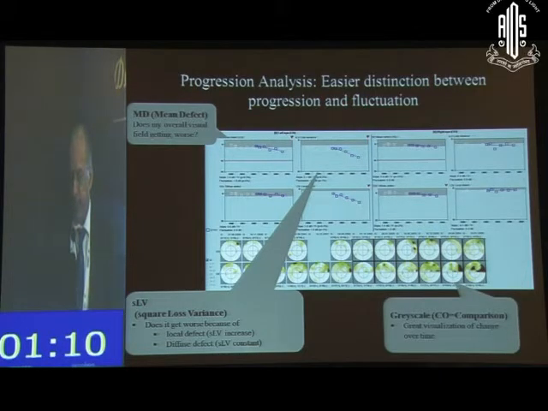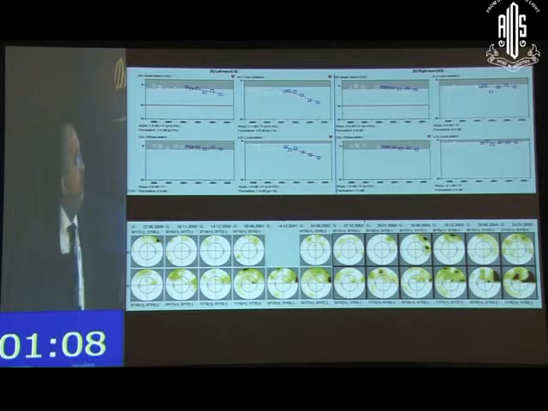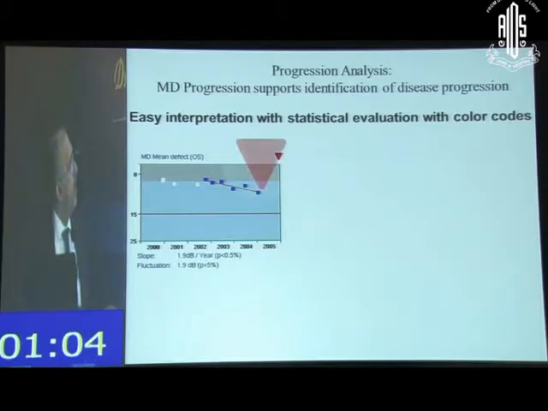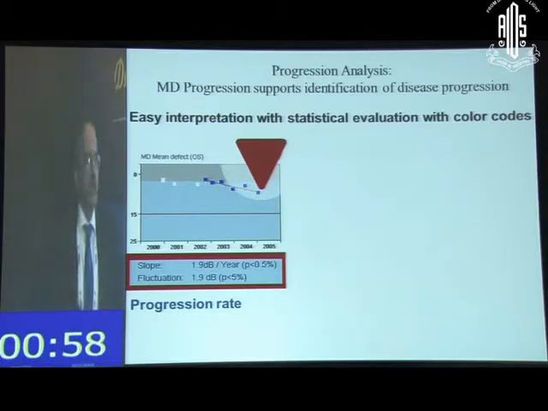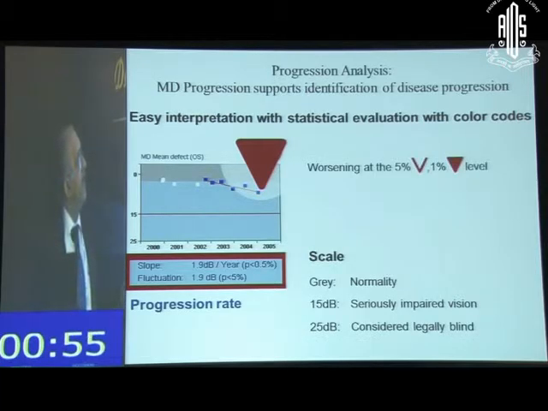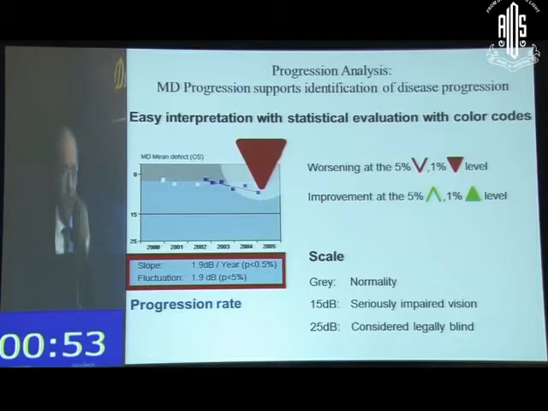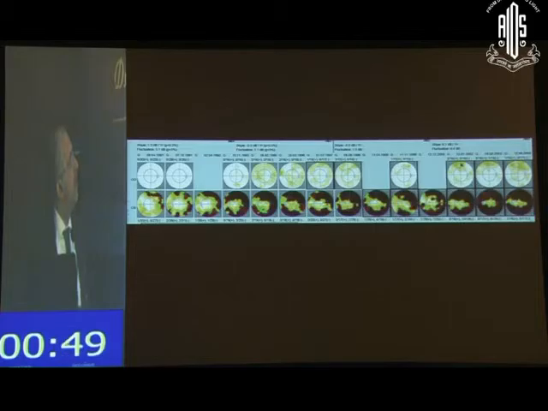So it's easy to pick up progression here for the left eye and say that there is a change, and this change then gets quantified, and you can get the rate of change per year for this patient. They have probability symbols to tell you the possibility of such a change in a glaucomatous population.